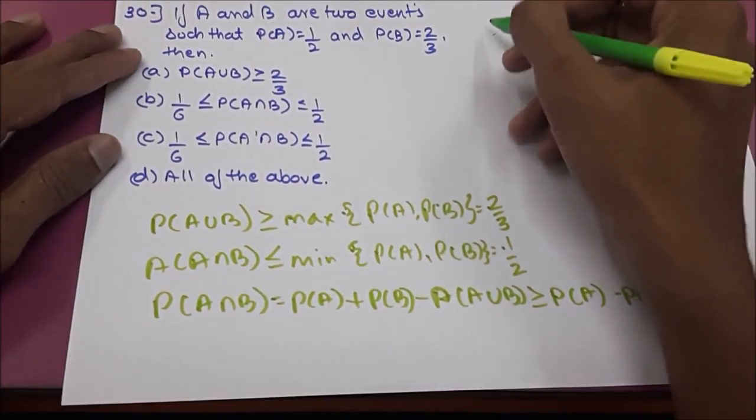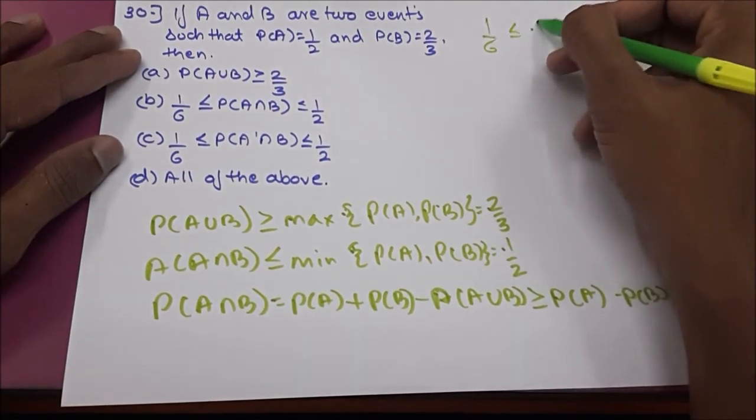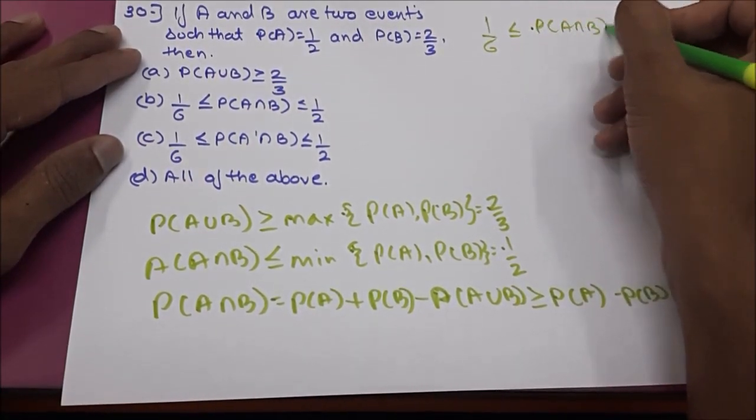So we can write this as 1 by 6 less than or equal to probability of A intersection B less than or equal to half.